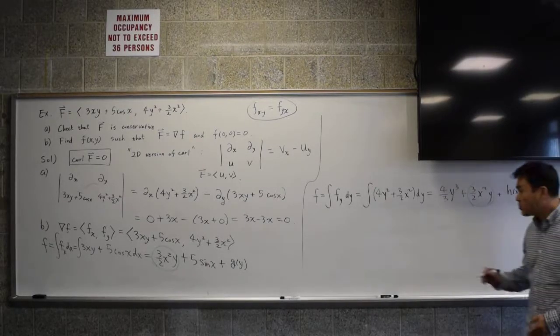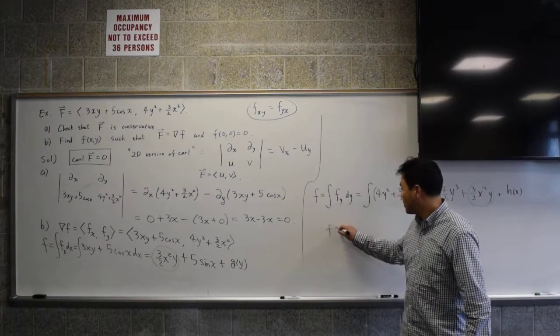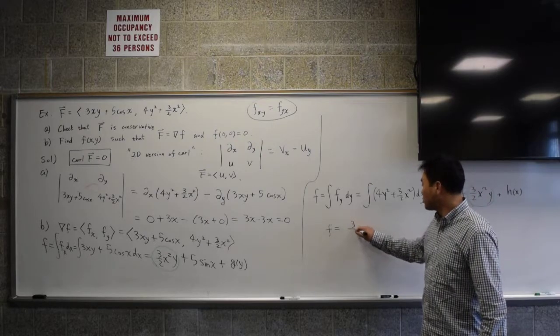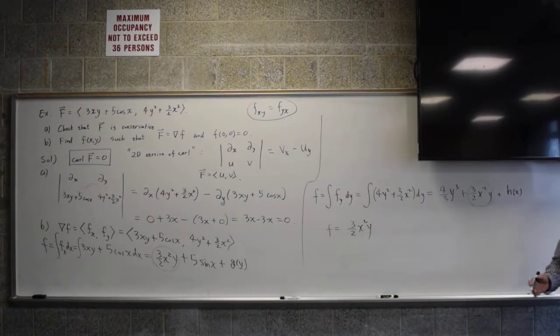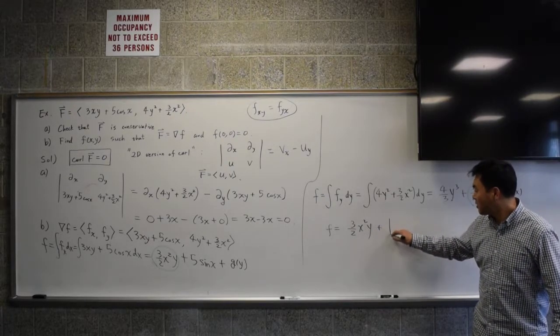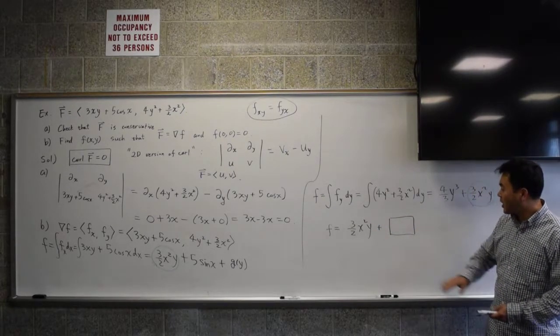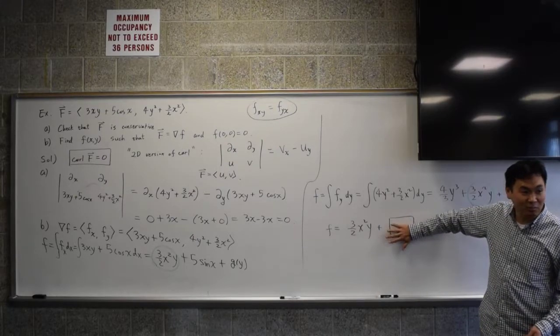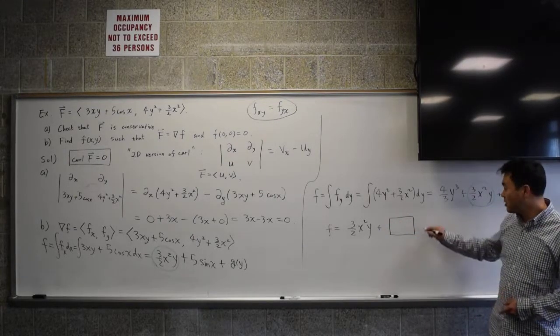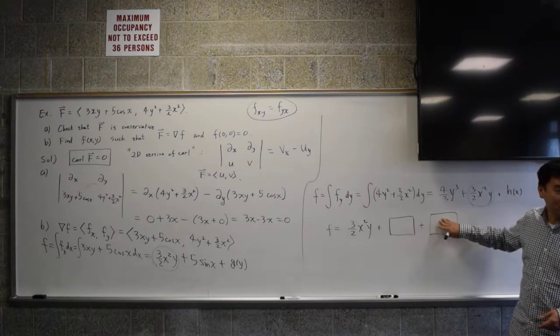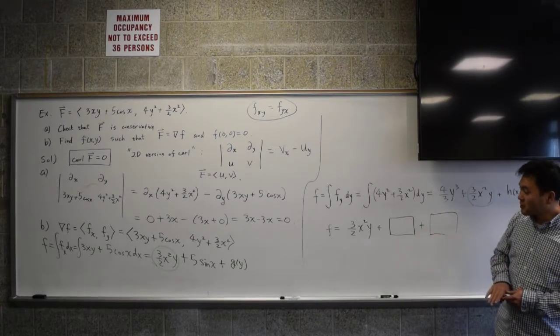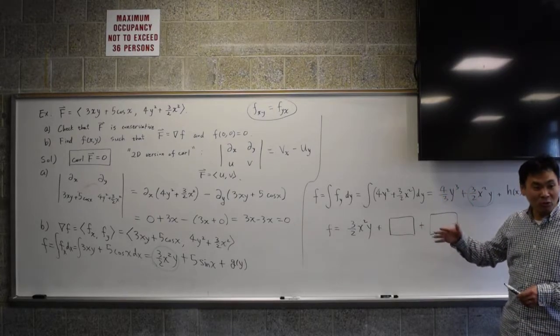So the function f looks like 3 over 2 x squared y because both of the views say so, right? But in one view I have a function of y that's hidden from us, and in another view I have a function of x which is hidden from us, okay? But luckily one of them shows the other one.